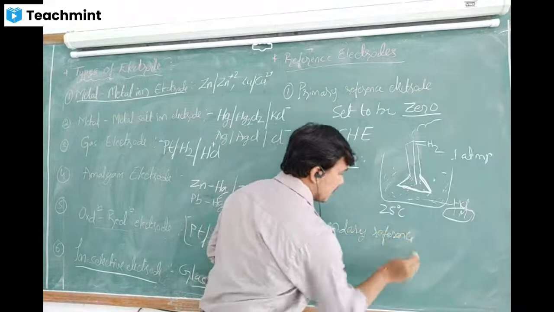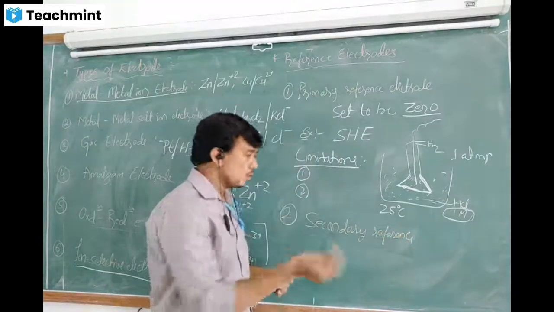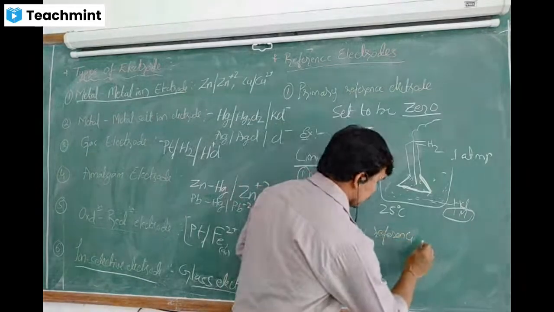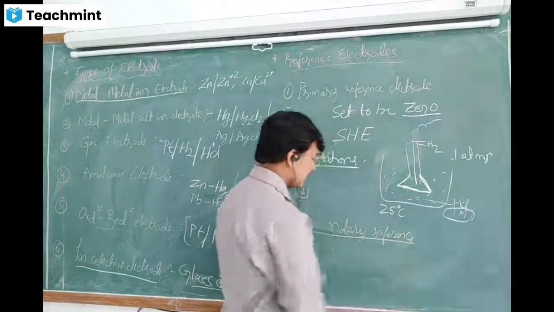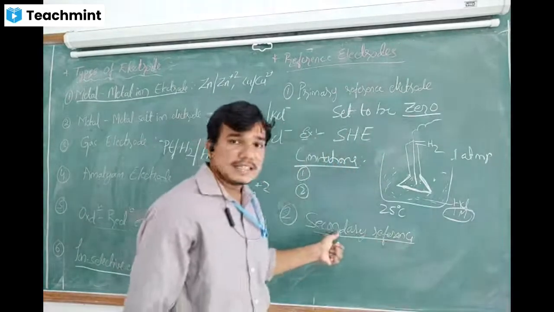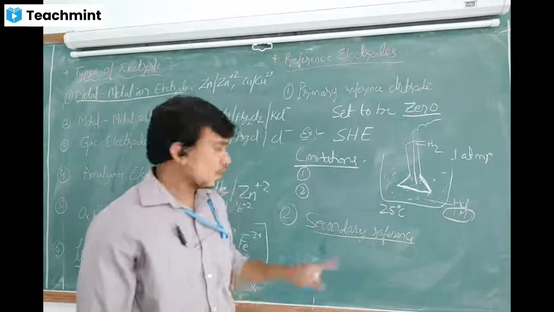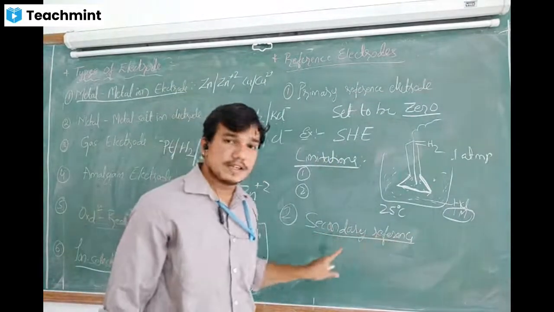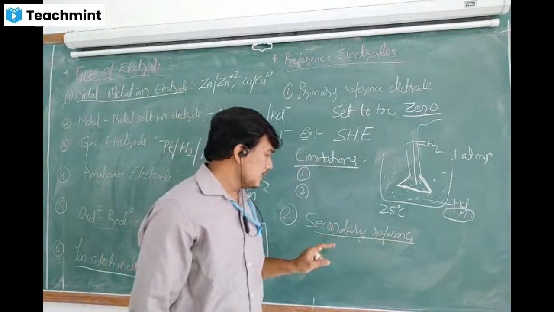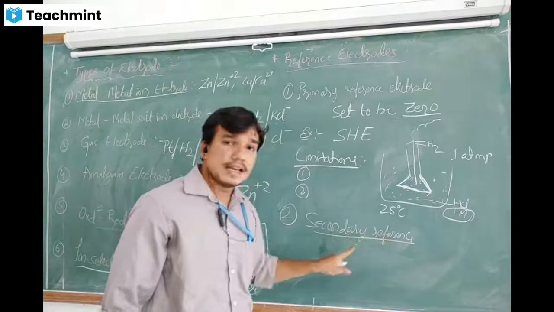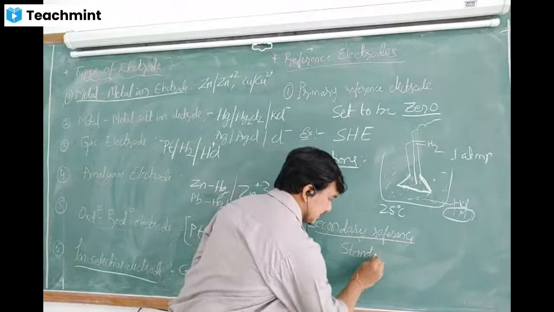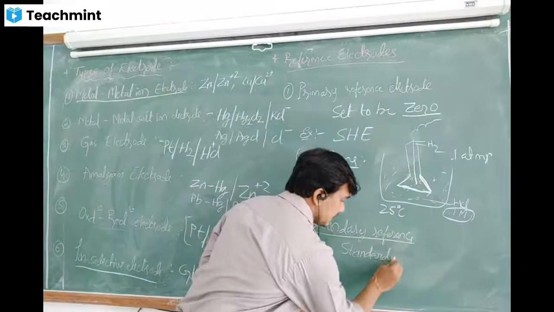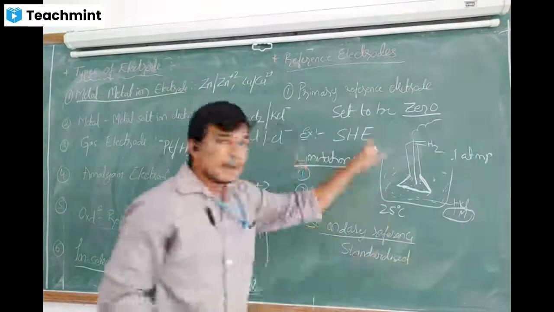Earlier they were using the primary reference electrodes to measure the electrode potential of any other electrode or metal. So now they are using the secondary reference electrodes. What are these secondary reference electrodes? These secondary reference electrodes are standardized by using SHE.